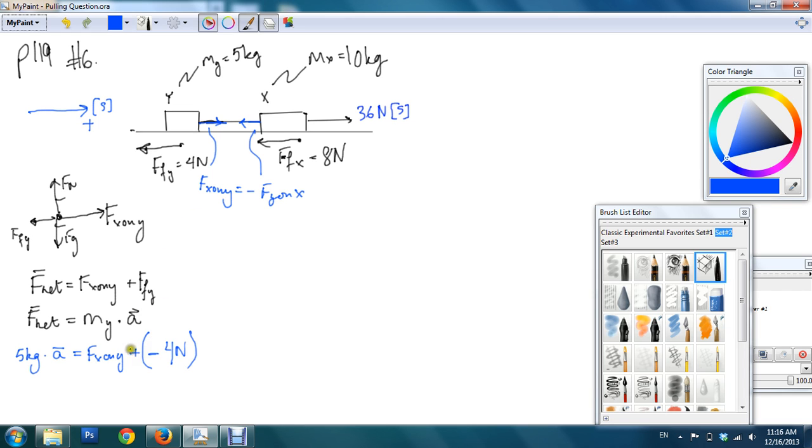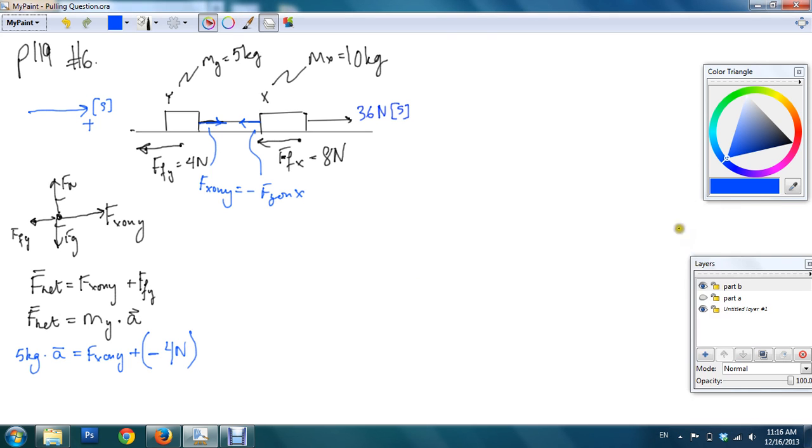So again, the net force is equal to Fx on Y plus negative 4 newtons, because it's in the opposite direction from our positive, which we defined as to the right. Okay, we have two variables, acceleration and Fx on Y, and we're stuck.